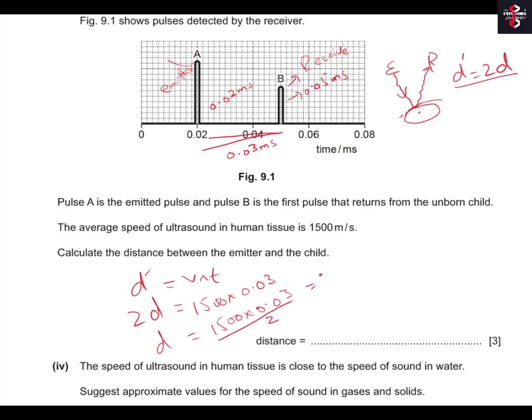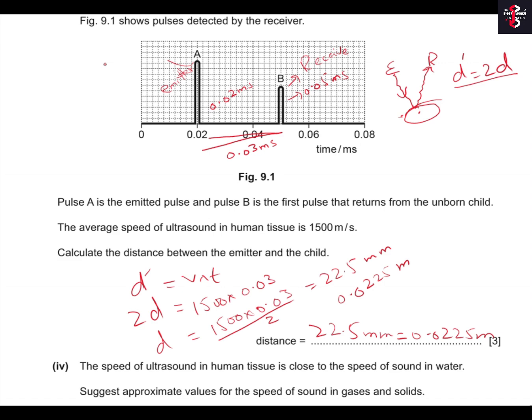It will give us 22.5 millimeter or 0.0225 meter. So we may write 22.5 mm equals 0.0225 meter. This is the distance between the emitter and the child.